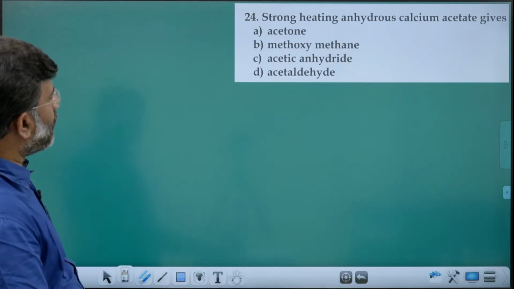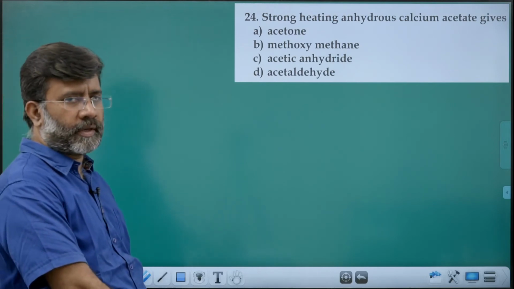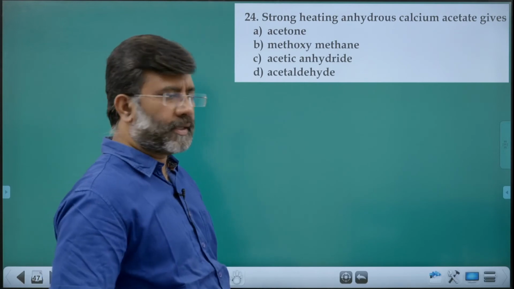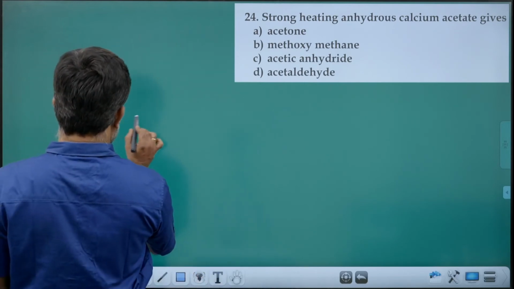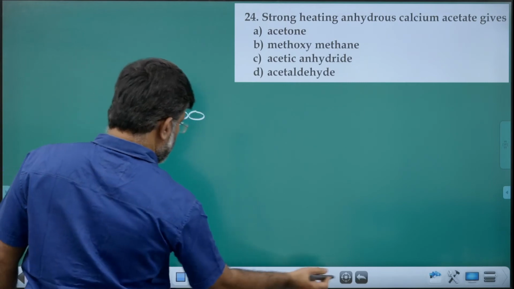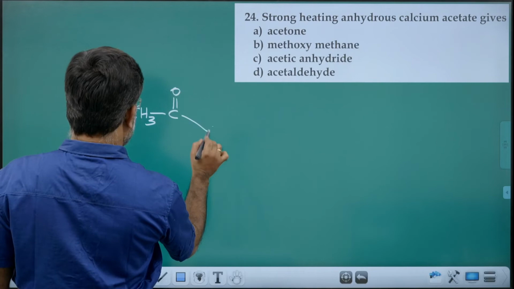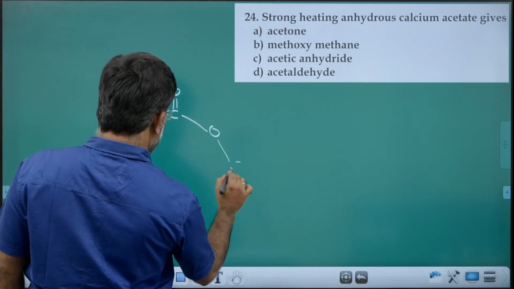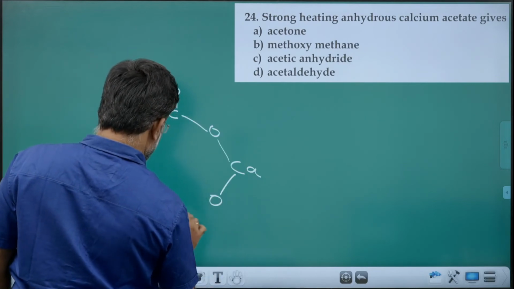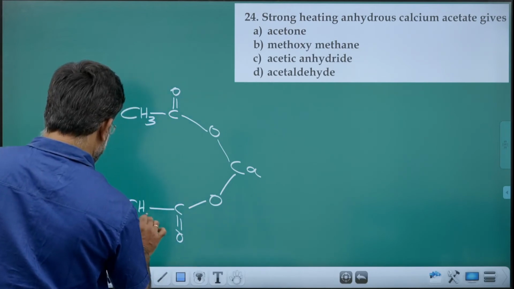Strong heating of anhydrous calcium acetate gives... Calcium acetate on strong heating, you get acetone. This is calcium acetate, CH3COOCaOOCCH3.